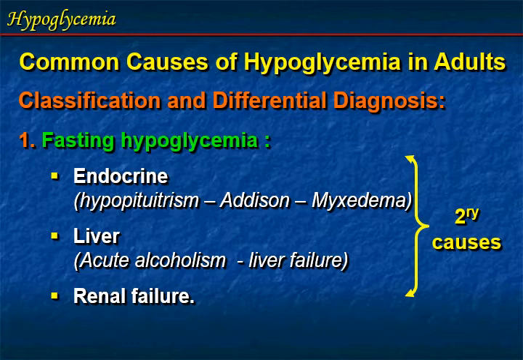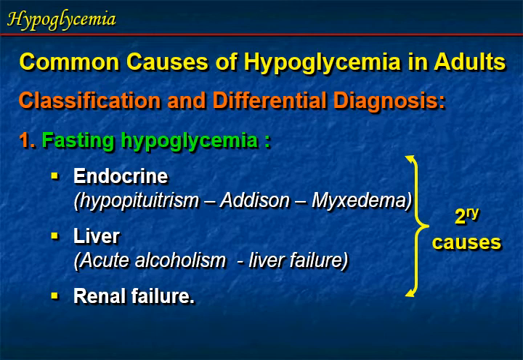Yes, renal failure. In renal failure, the kidney is incapable of degrading insulin, the second pass, so the insulin will still be circulating and causing hypoglycemia.